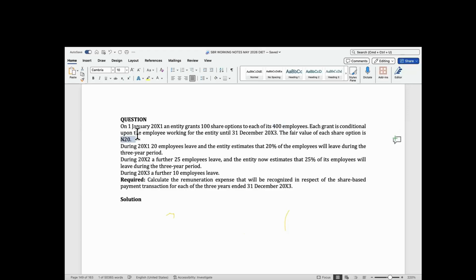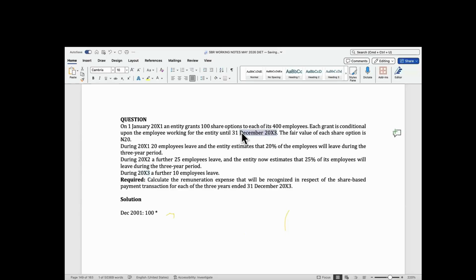Also, at the end of each year, they give us some estimates. So first, in December 2001, I'm giving 100 options. Now, based on these estimates, how many employees will not leave by the end of 2003, which is the vesting date?